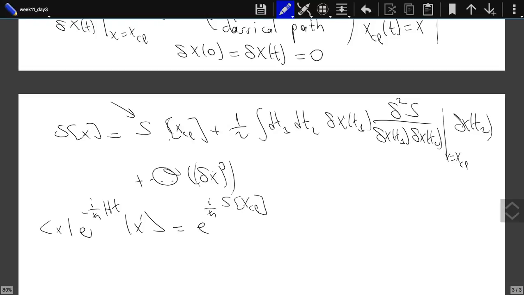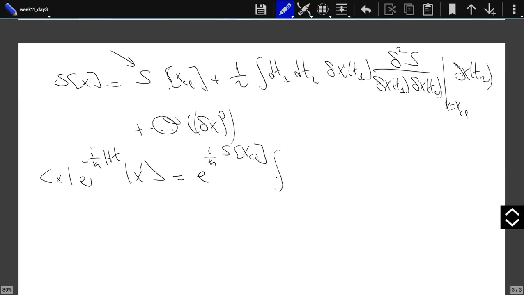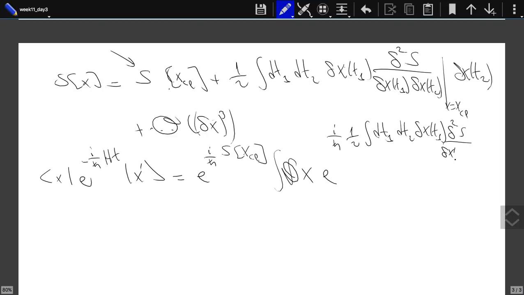This is also sometimes called the semi-classical approximation. Times the sum over paths of e to the power i over h bar times 1 over 2 ∫dt1 dt2 δx(t1) S''[x] δx(t2).